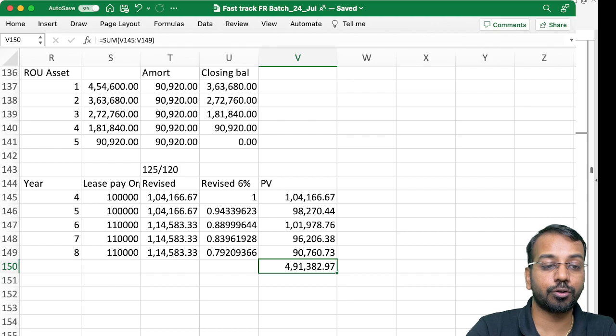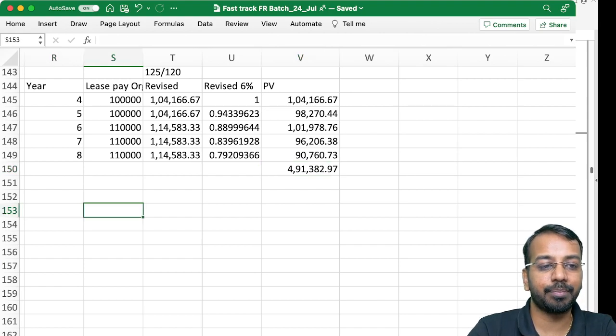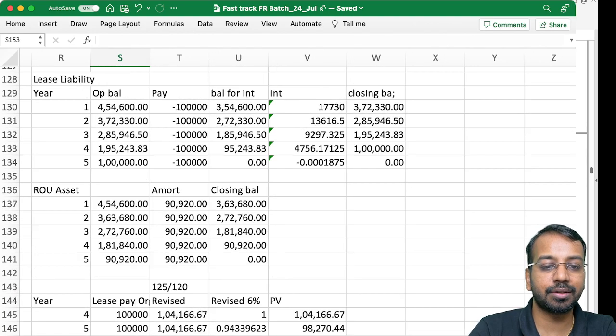Once this is done, what should we do? We have done the remeasurement. Once the remeasurement is done, you have to compare this with the original lease liability. Original lease liability, if you see, is 195.